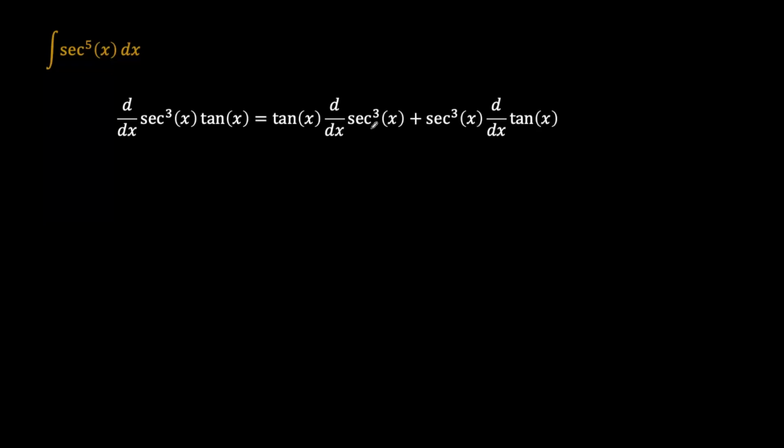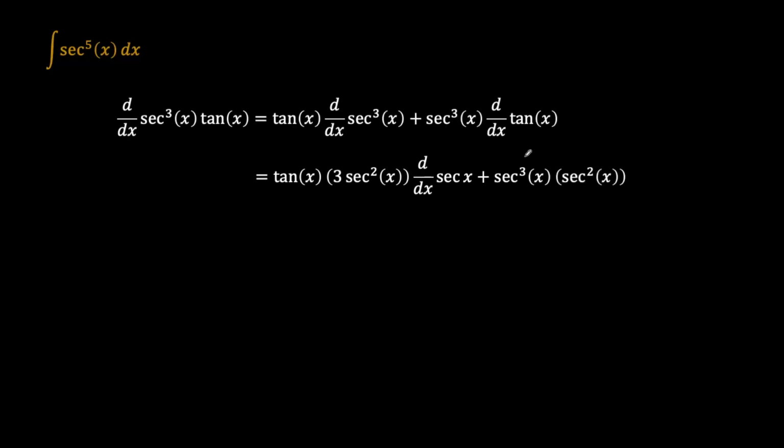and then you add the product of the other component differentiated. Okay. So for example, here we would have tan x times the derivative of sec cube x, plus sec cube x times the derivative of tan x. And this becomes tan x times 3 sec squared x times the derivative of sec x, which we're going to find out later.